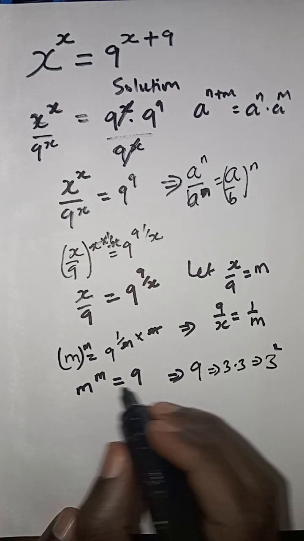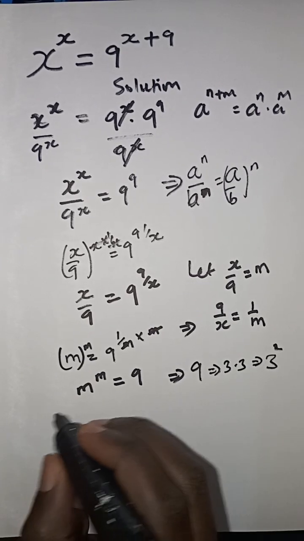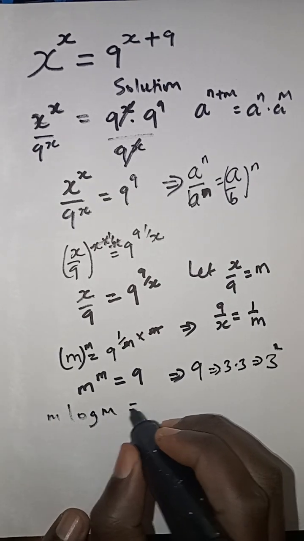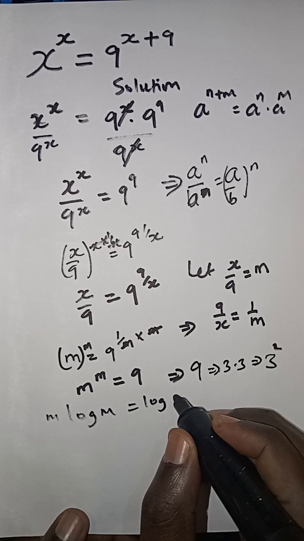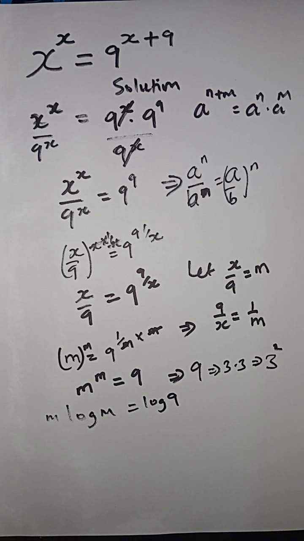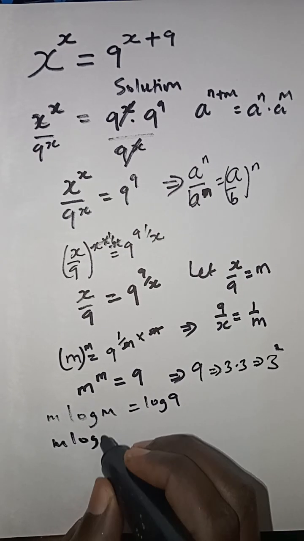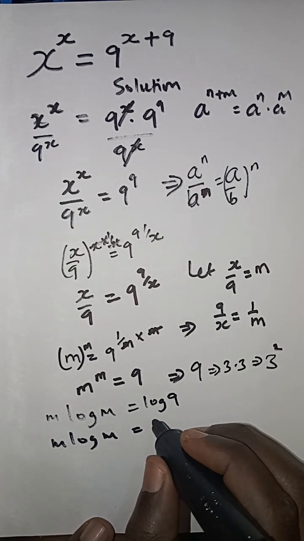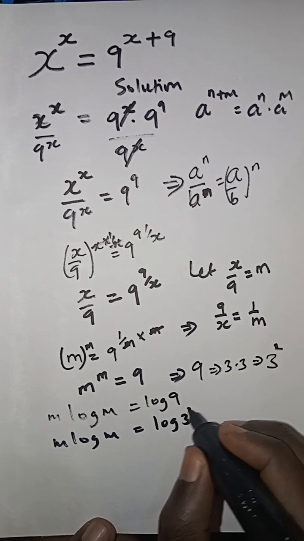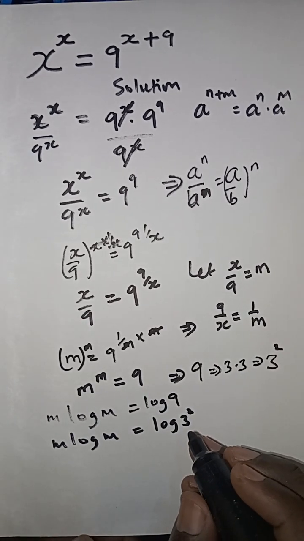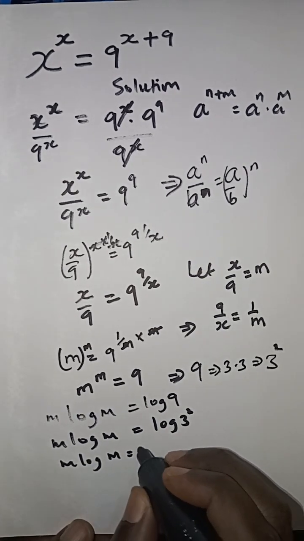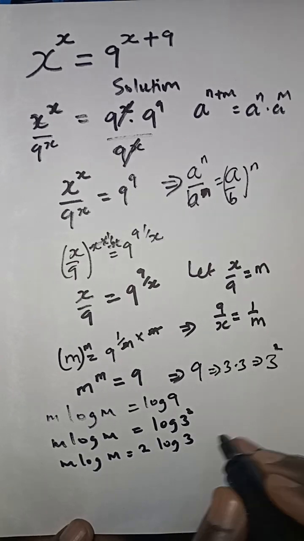So at this particular stage, I'm going to introduce logs on both sides, so that I have the log of m to the m should be equal to the log of 9, then the log of m to the m. I said 9 can be written as 3 squared, so that this becomes the log of 3 power 2. Next, m log m is equal to 2 log 3.